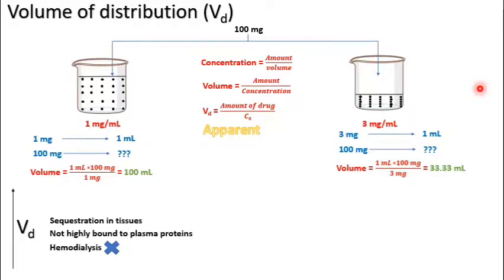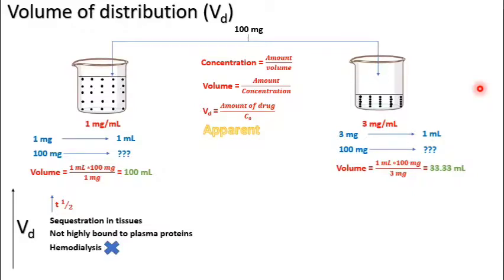And now this drug is sequestered in tissue. So it would be expected that it would take longer time to reduce in its amount because it is sequestered in tissues. So we would expect a large T-half.